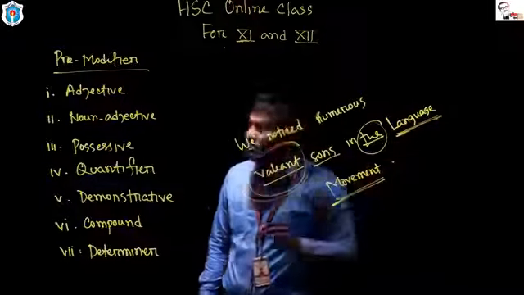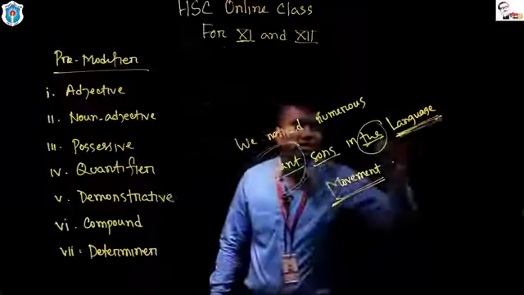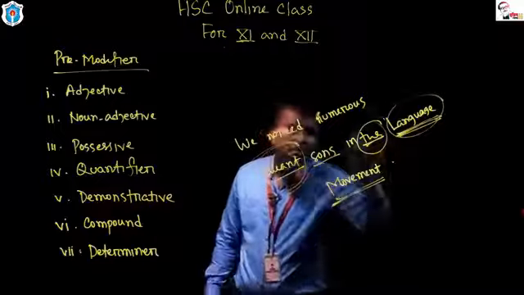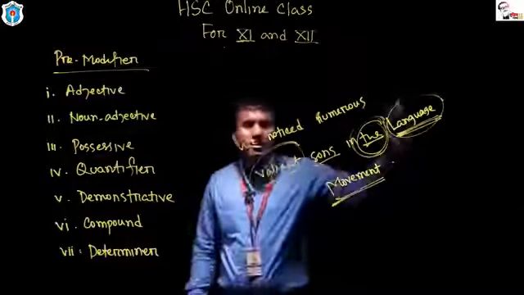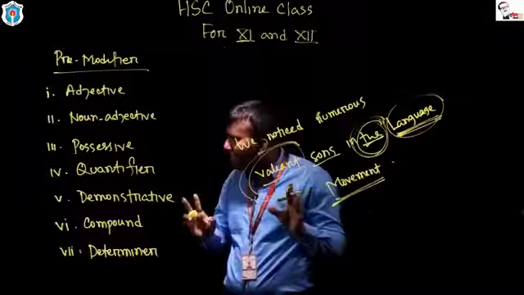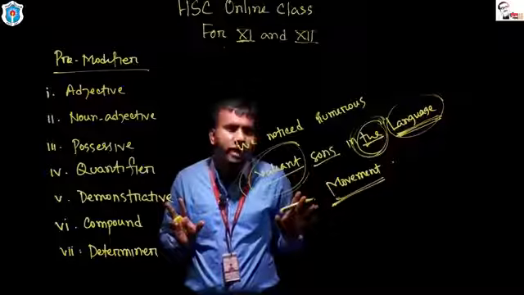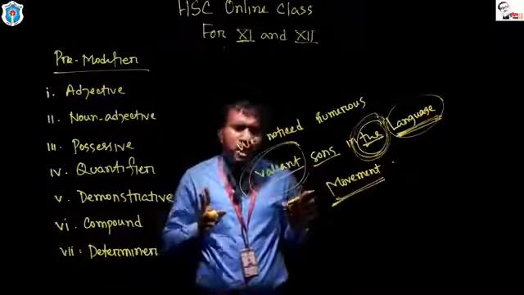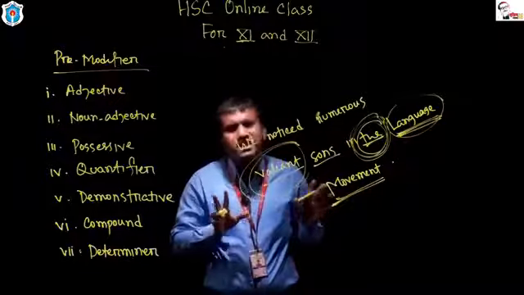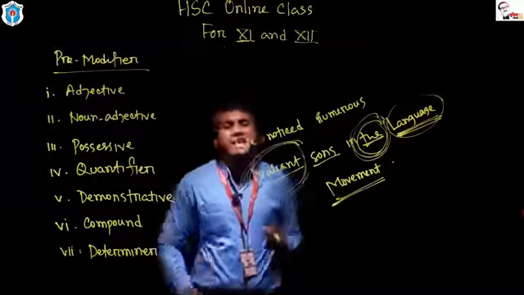That's why language is also an adjective. This is not a pure adjective; this is a noun adjective. All noun adjectives are adjectives, but all adjectives are not noun adjectives. All determiners are adjectives, but all adjectives are not determiners. Clear to you?